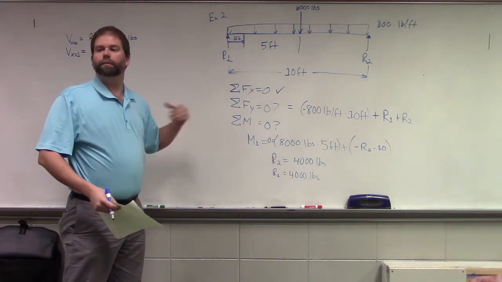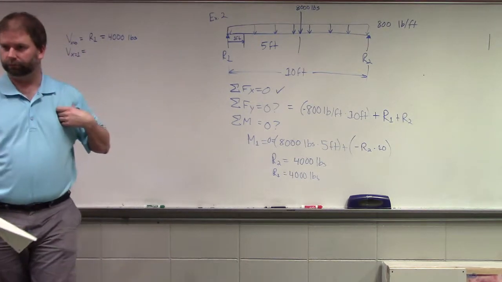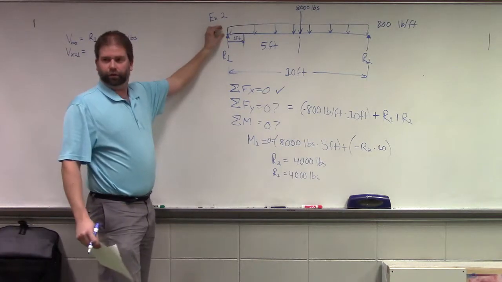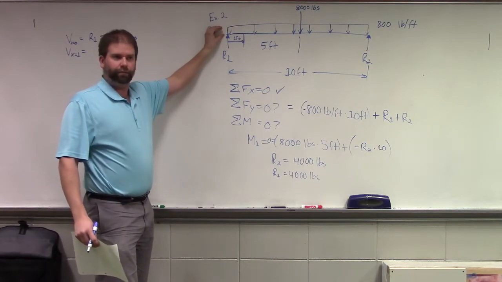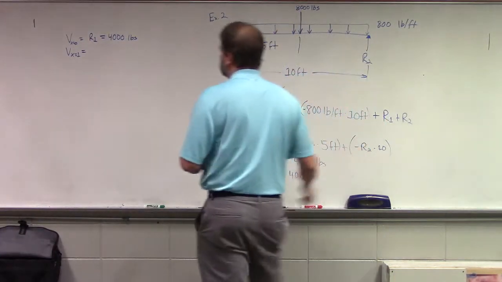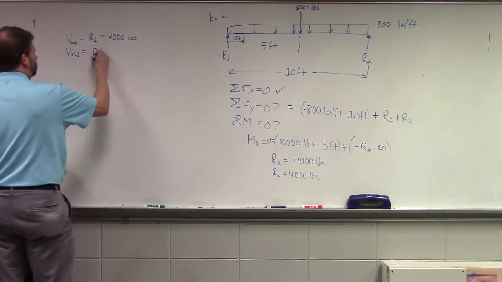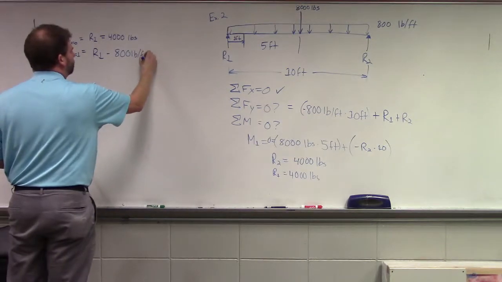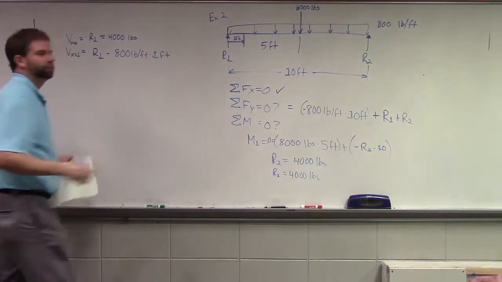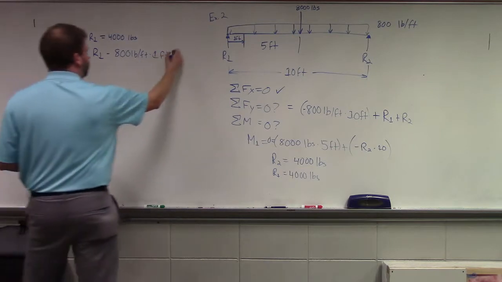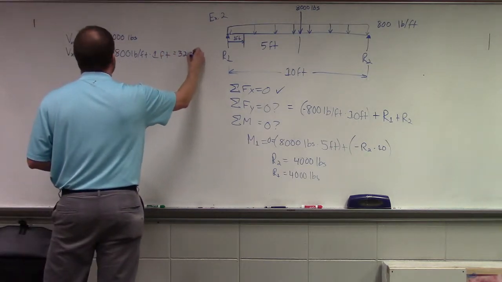Then you'll also have your uniformly distributed load acting on it, and we know that it's 800 pounds per foot. So it's going to be R1 minus 800 pounds per foot times 1 foot. Does that make sense to everyone as well? So 3,200 pounds.